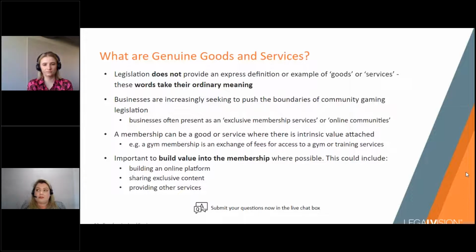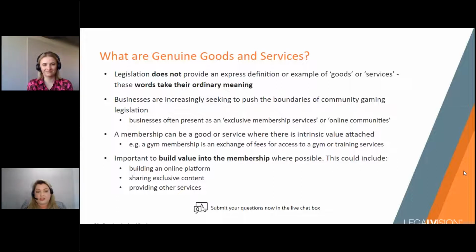And it might be relevant for businesses to think about how they can pad out their offerings, for example, by offering merchandise or different products that are clearly available for sale to fit more neatly within the regulatory framework. So before launching a membership style business, it's important to ensure that your business model will fit within the regulatory framework.